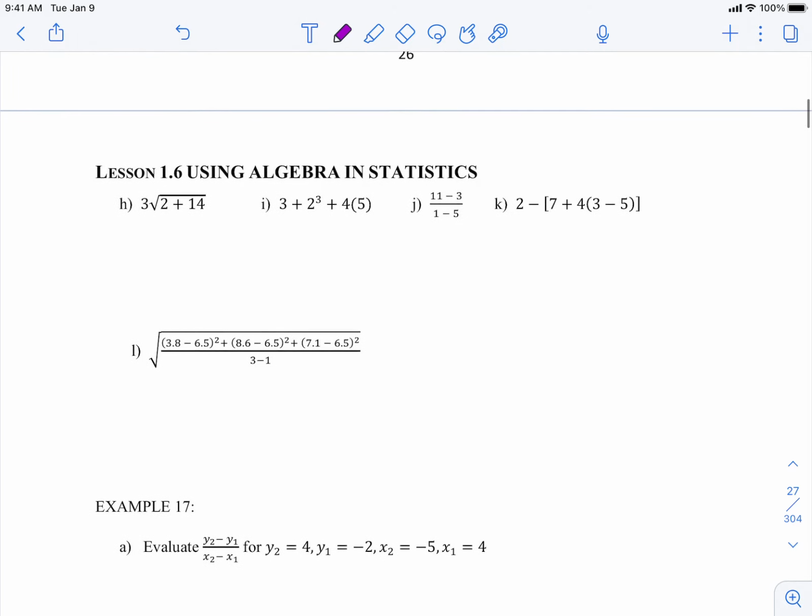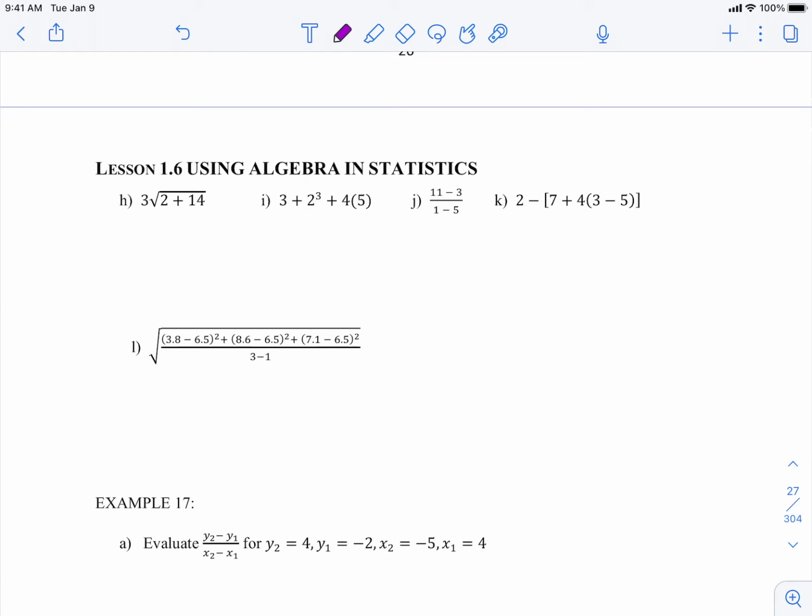Okay, so doing some more algebra. I'll show you a couple of these on the calculator. So our first one, I have 3 times the square root of 2 plus 14. So we can do this in the calculator. I'm going to show you by hand as well. If I add this using order of operations, 2 plus 14 here we're going to do first. So this is 3 times the square root of 16.